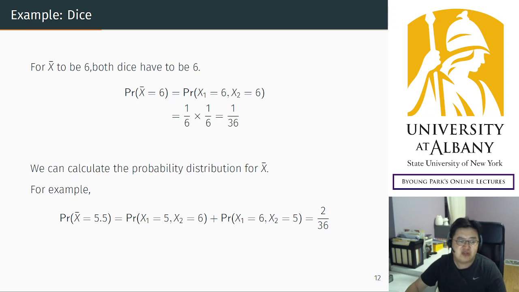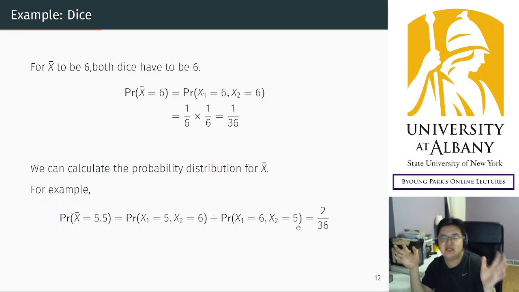So it's intuitive. This is just an example, and you may calculate any probability in a similar way. For example, the probability that the average of two dice equals 5.5 can be calculated in a similar way, but now you have to consider two different pairs, 5,6 or 6,5.